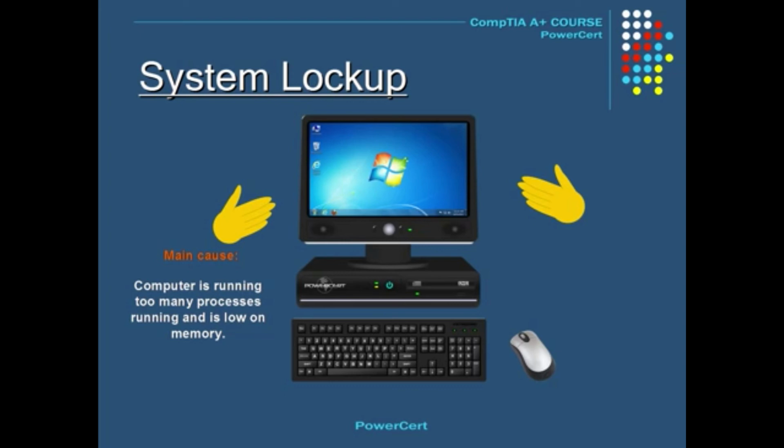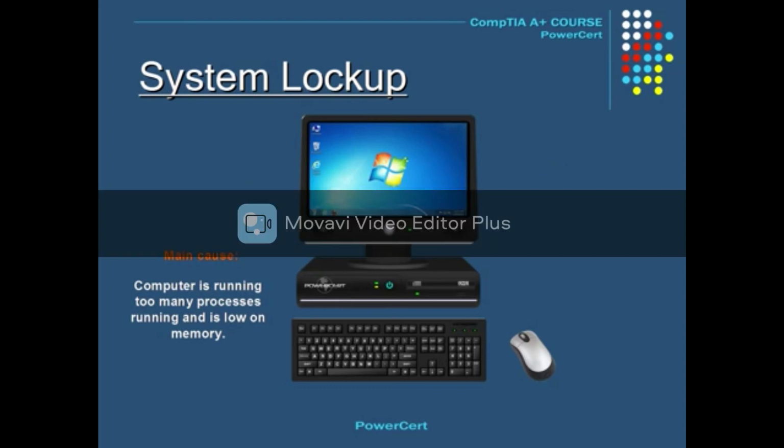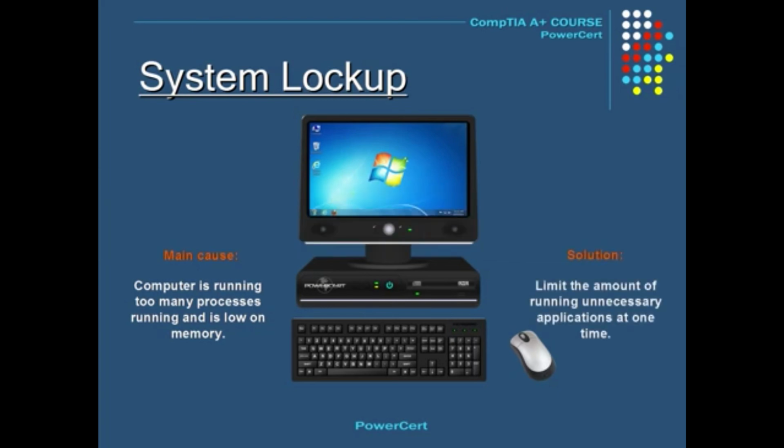If this happens, sometimes the computer will recover and resume normally after a certain period of time. Or if it doesn't, you may have to reboot the computer. So to avoid this problem in the future, try to limit the amount of unnecessary applications running at one time and only use what you need.